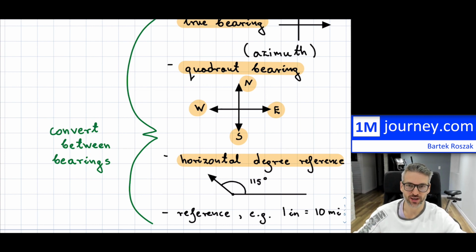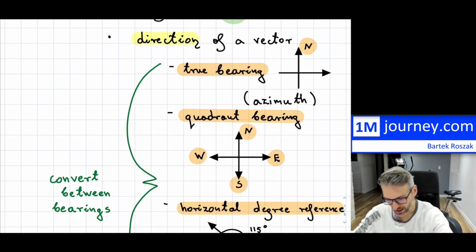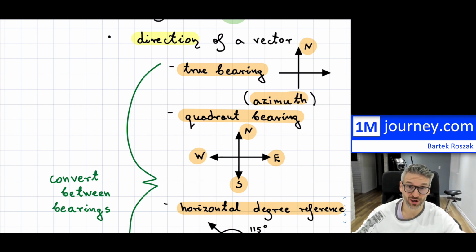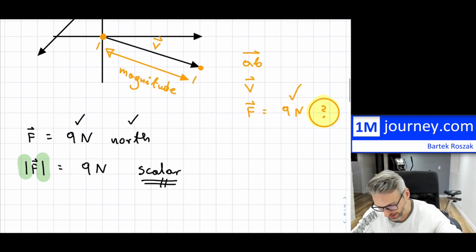So let's take a look at some of these, and I'm going to compare them. True bearing is also sometimes called the azimuth bearing. I can just call it true bearing for the moment, and we should be able to convert between all of these. So let's dive in a little bit deeper.